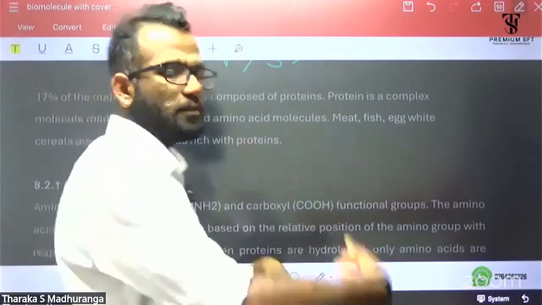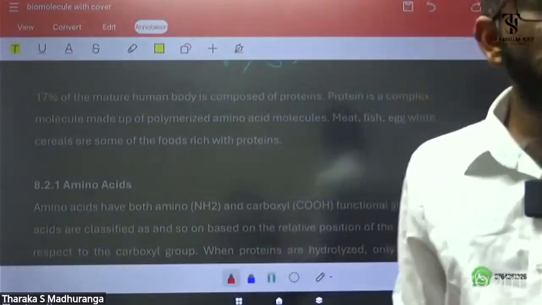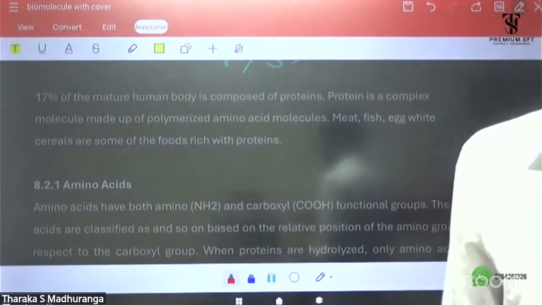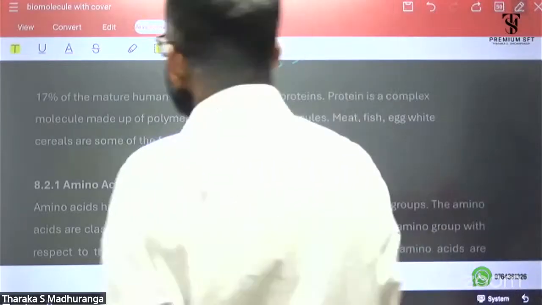Okay, they are very simple things. Tell me, proteins contain foods. Tell me an example. What are the foods that contain proteins?